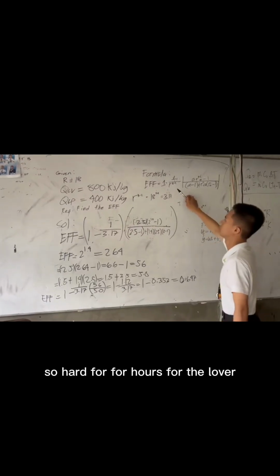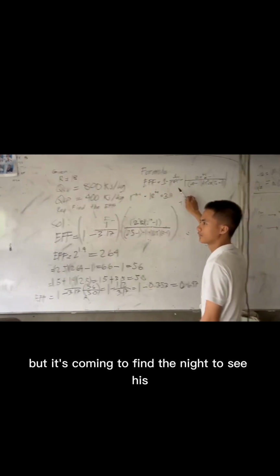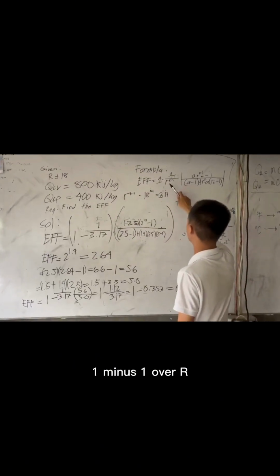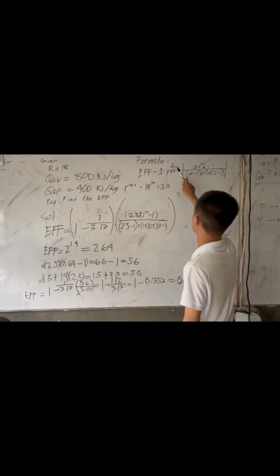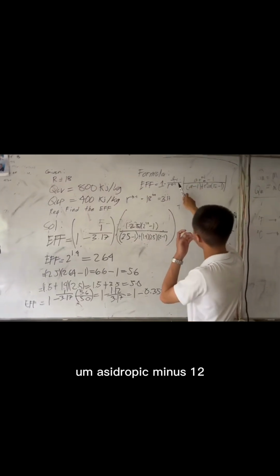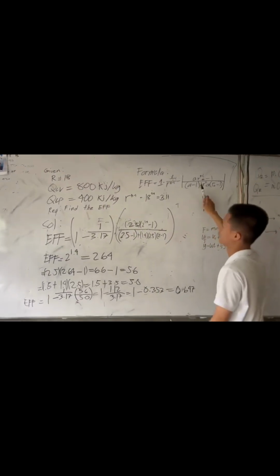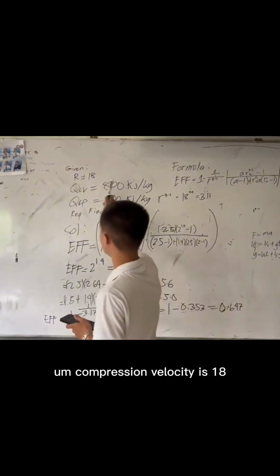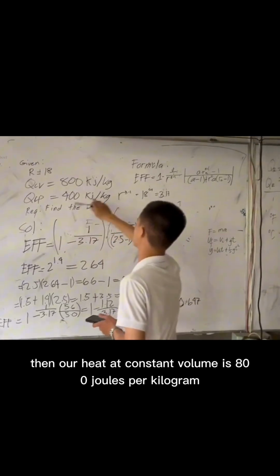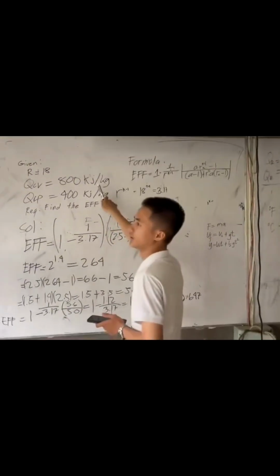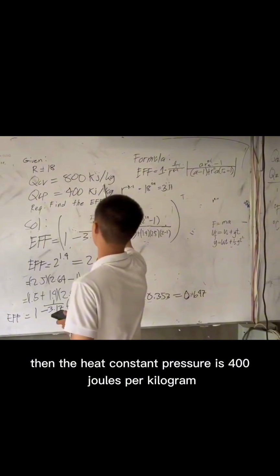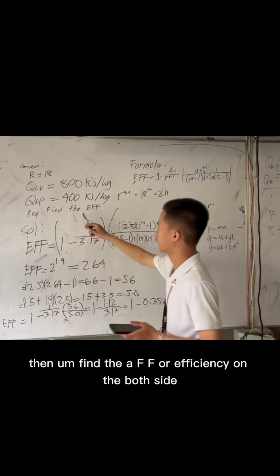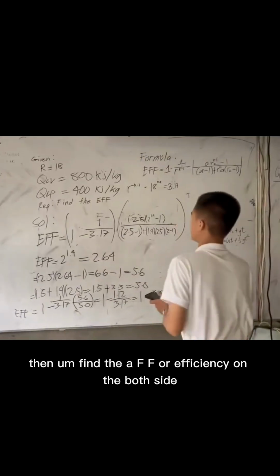Our formula for finding the efficiency is 1 minus 1 over r to the k minus 1, times the compression ratio of 18.